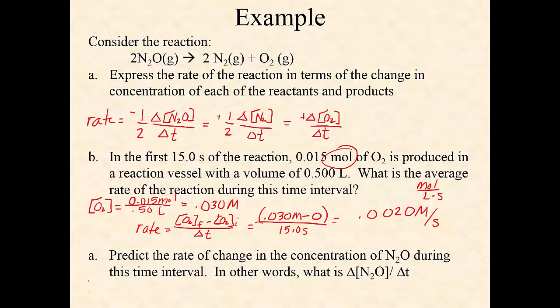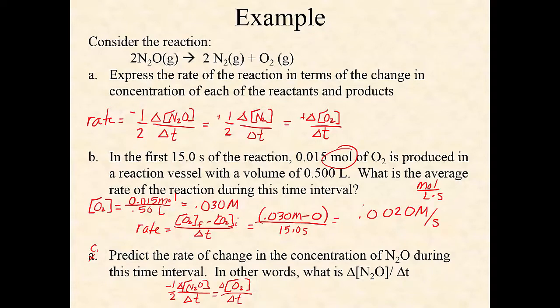I don't know why it's ABA. Obviously, this would be C. Predict the rate of change in the concentration of the dinitrogen monoxide during this time interval. You're going to come back up here. Look at this relationship. So I know then you're going to get -1/2 changing of your N2O over change in time is equal to the rate that the oxygen is being produced, change in time.